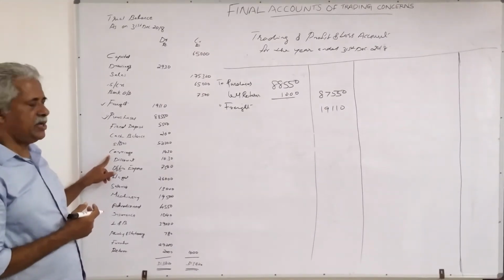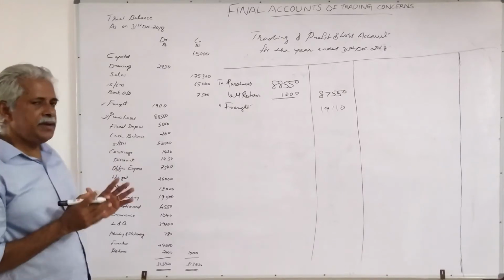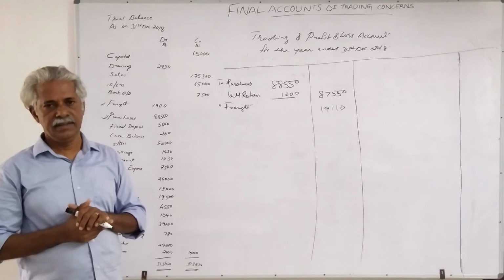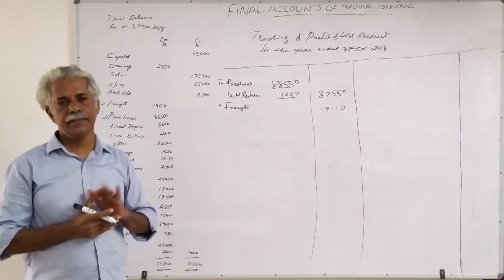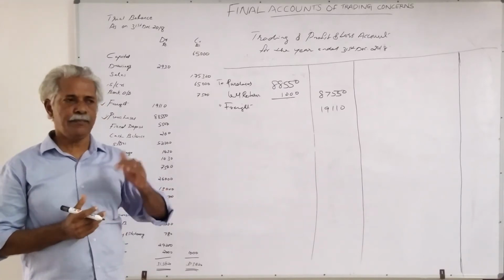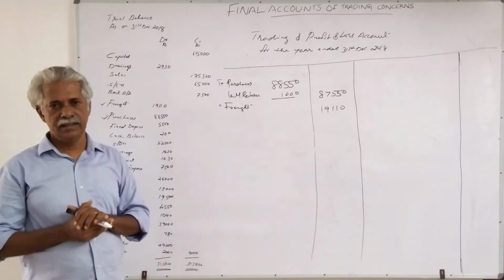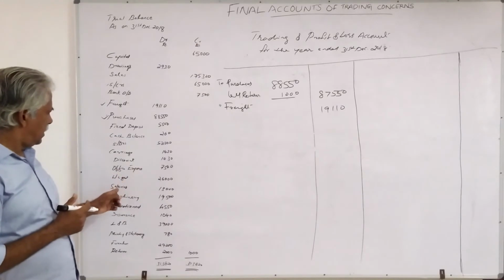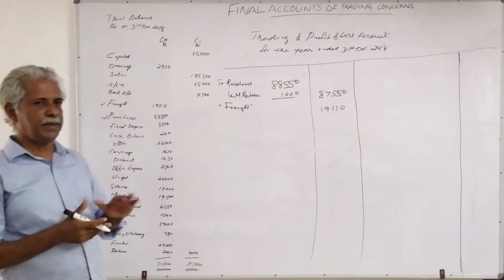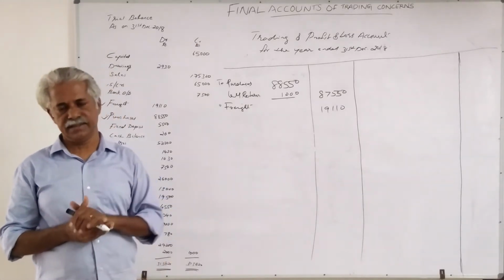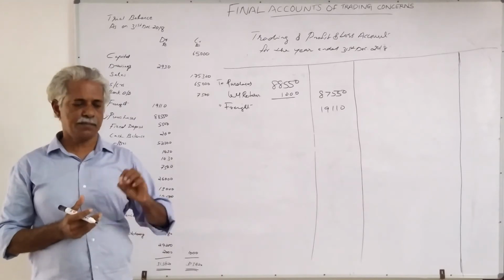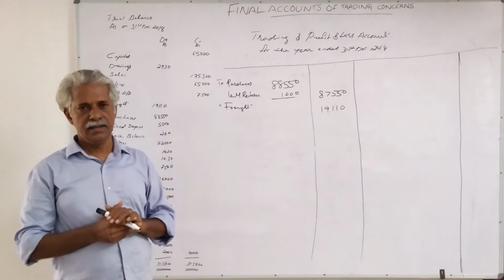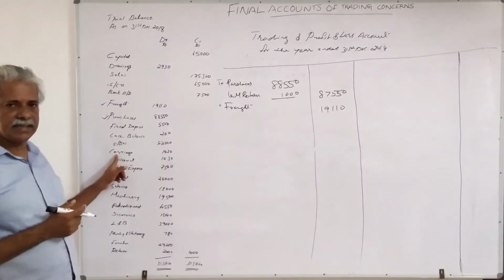Next one, carriage. Carriage, if paid for purchases, is a direct expense, and if paid for sales, is an indirect expense. Here it is not clear whether the carriage is paid for purchases or sales. In the absence of specific information, we can assume that it is paid for purchases.